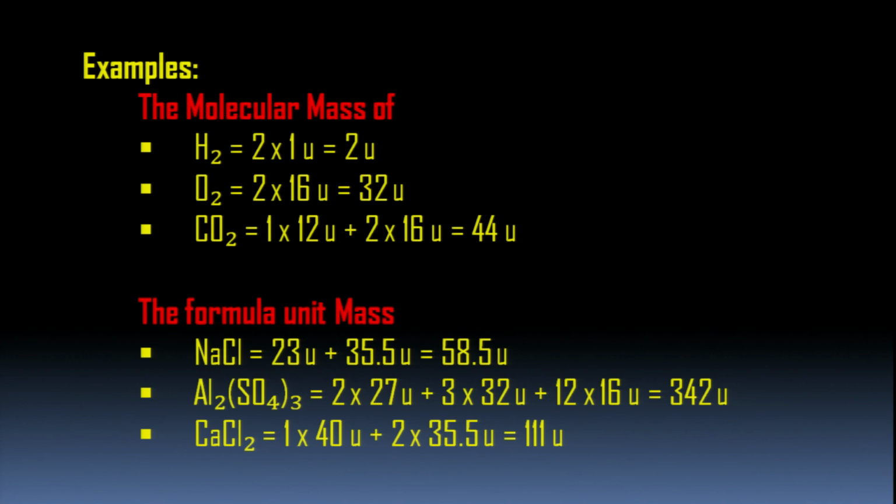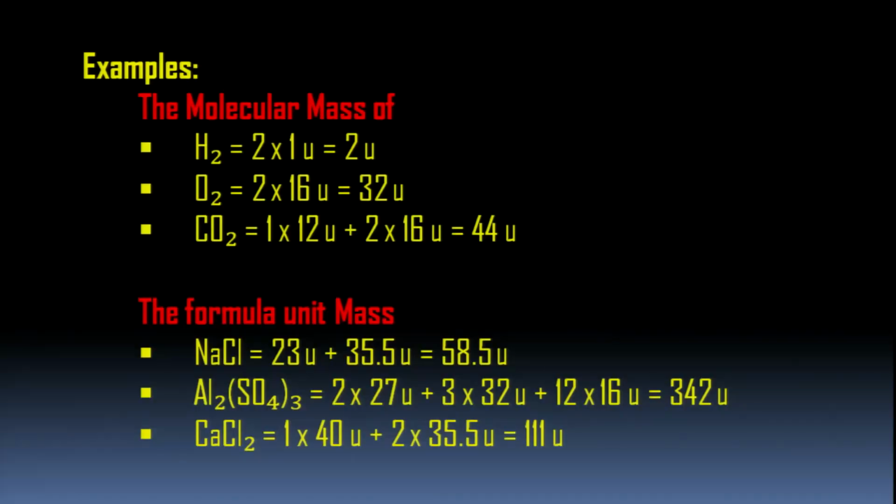I had discussed that in the earlier class. So, in this, 2 into 27 for aluminium, 3 into 32 for sulfur and 12 into 16 u for oxygen. When we add all this up, we get 342 u. You solve it in your notebook and you will find the same answer.